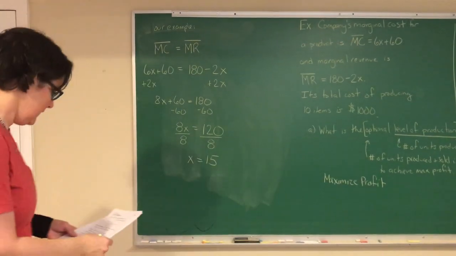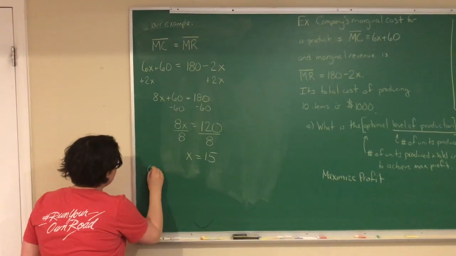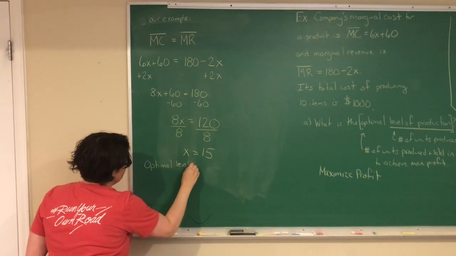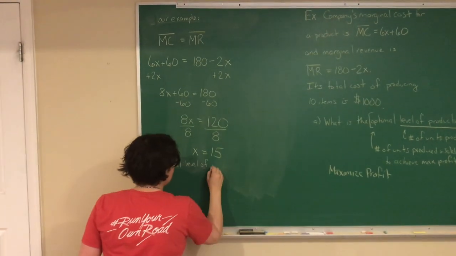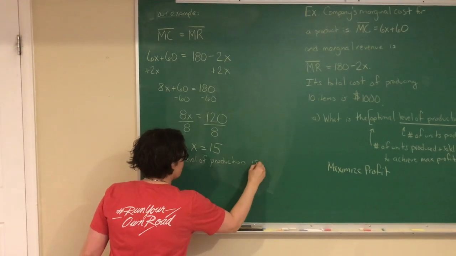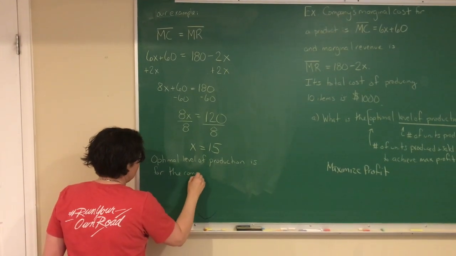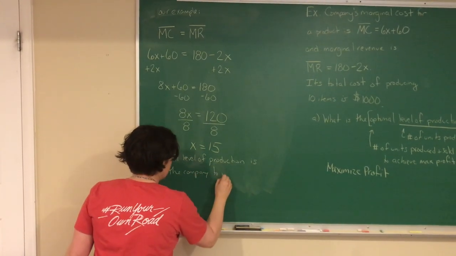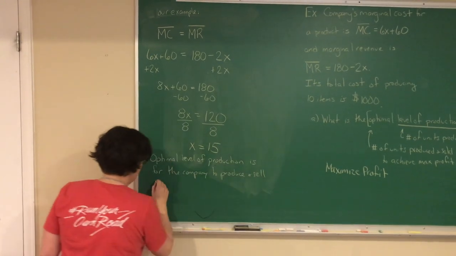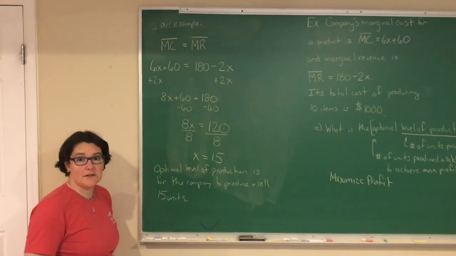So what this tells me is that the optimal level of production is for the company to produce and sell 15 units.